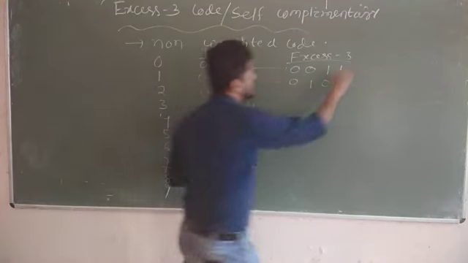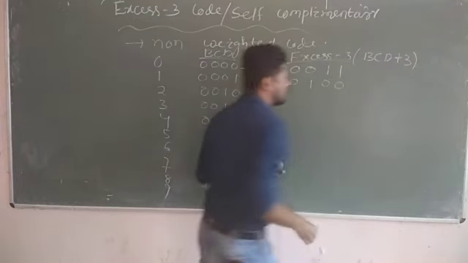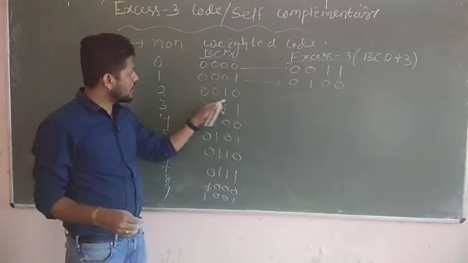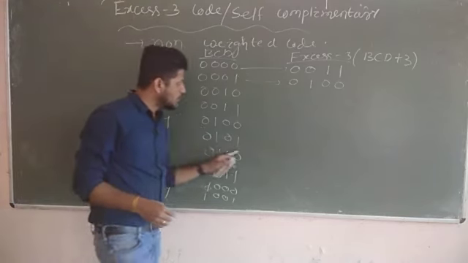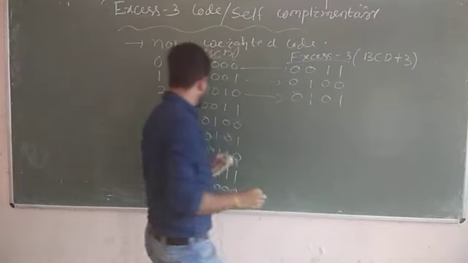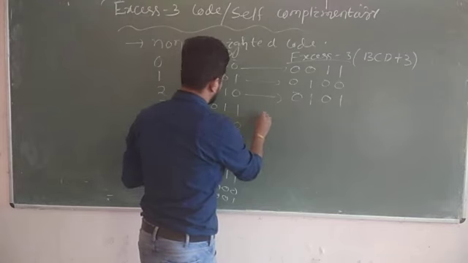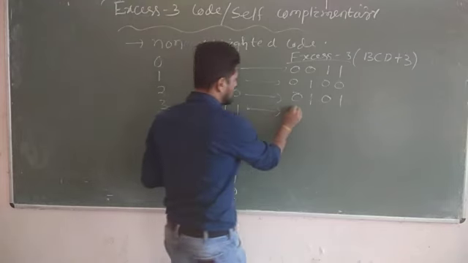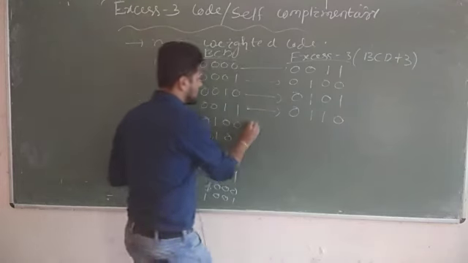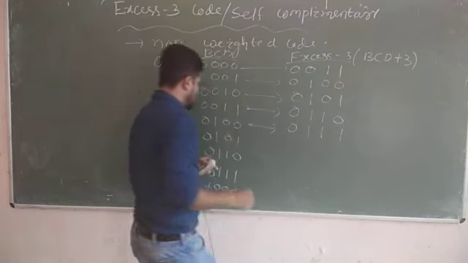So XS3 here is BCD plus 3. You can directly write 0 1 0 0. Then you have 2 plus 3, that means 5. So directly write the corresponding 5: 0 1 0 1. Then we have 3. So directly write 3 plus 3, 6, so 0 1 1 0. Then we have 4, so 0 1 1 1, 7.